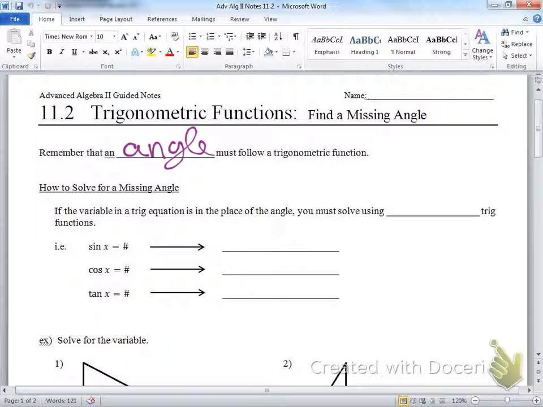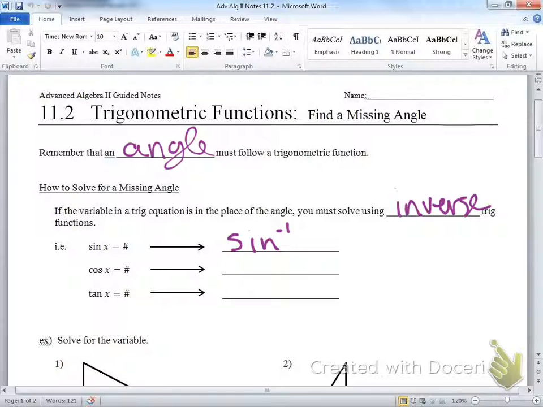So if the variable in the trig equation is in place of an angle, you must solve using inverse trig functions, okay? That's why I said a minute ago the phone calculator does not work, because it doesn't have those buttons. The button looks like this, okay?